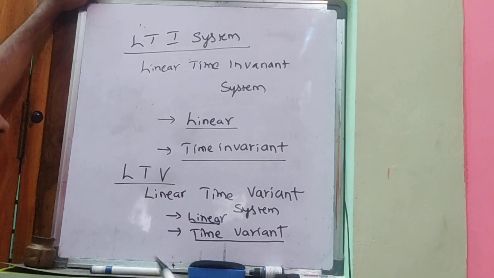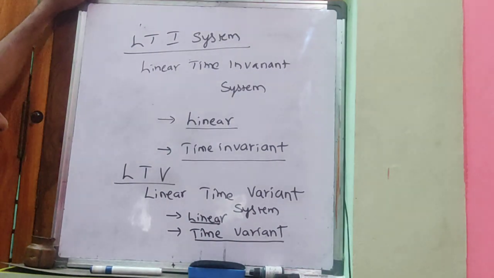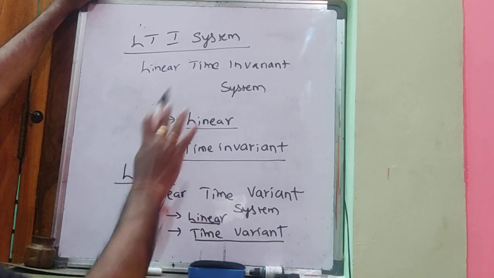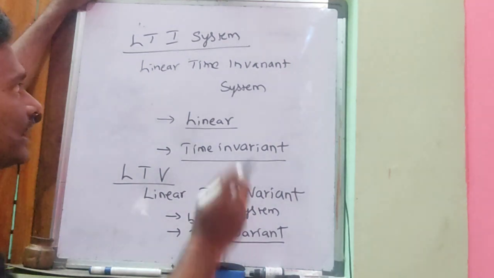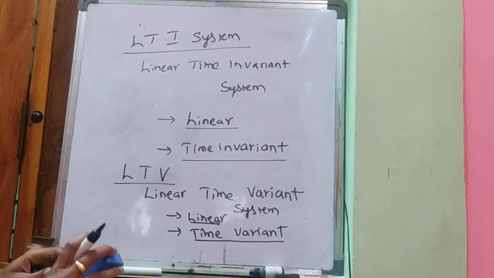That kind of system is said to be a linear time variant system. But anyhow, we will be mostly concentrating on linear time invariant systems, only on LTI systems but not on LTV systems.